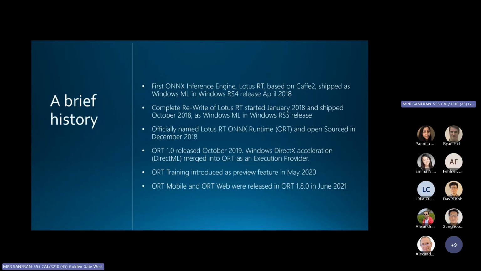And we open sourced. Almost a year after, we reached the 1.0 milestone of ORT, ONNX Runtime, we also call it ORT. Before that, there were two code bases: ONNX Runtime, and Windows actually took the ONNX Runtime code base, rebuilt it with their own modifications to ship with Windows.